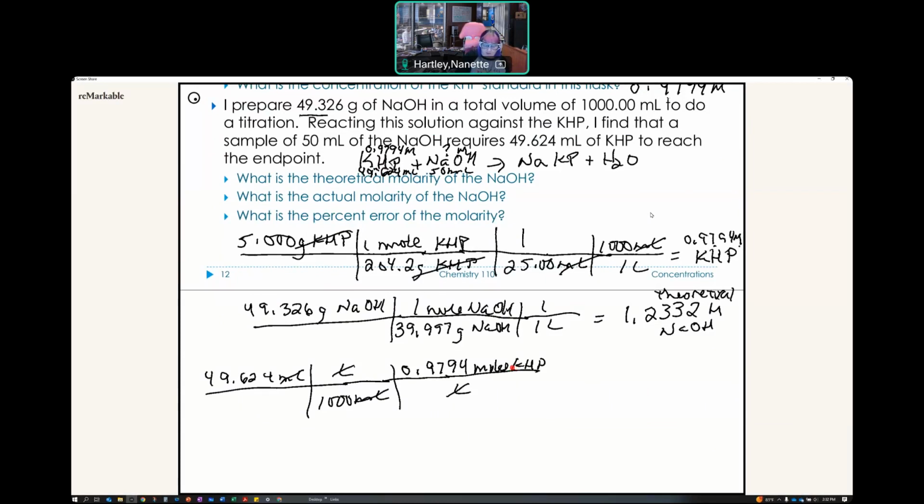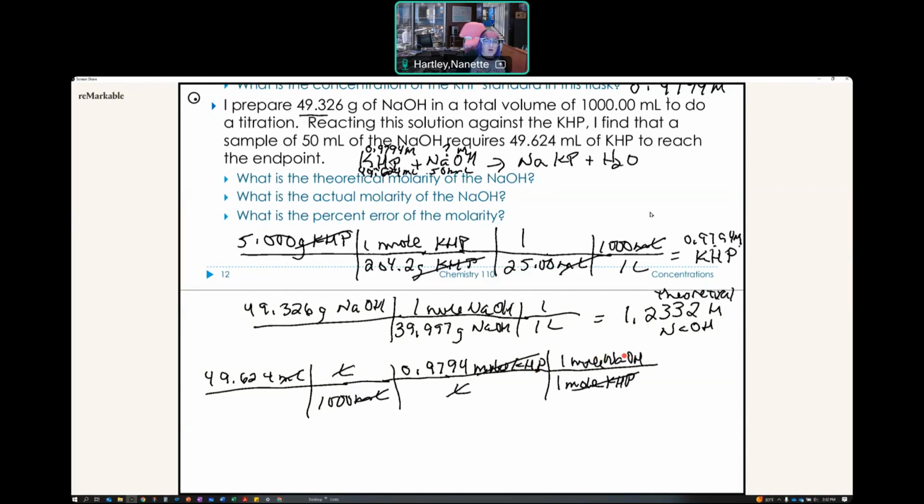I don't want to be in moles of KHP. I want to get rid of that so that I can get to moles of NaOH, right? Because that's what I need to know about. But I know it's a one-to-one relationship. I know that 1 mole of KHP reacts with 1 mole of NaOH. So I've canceled my moles of KHP and I'm now in moles of NaOH.